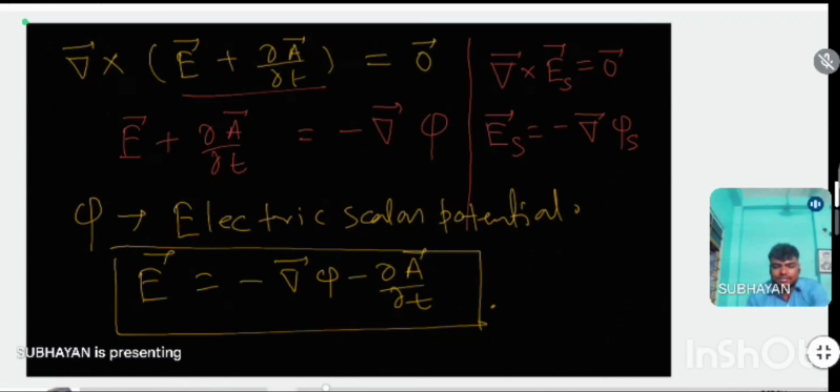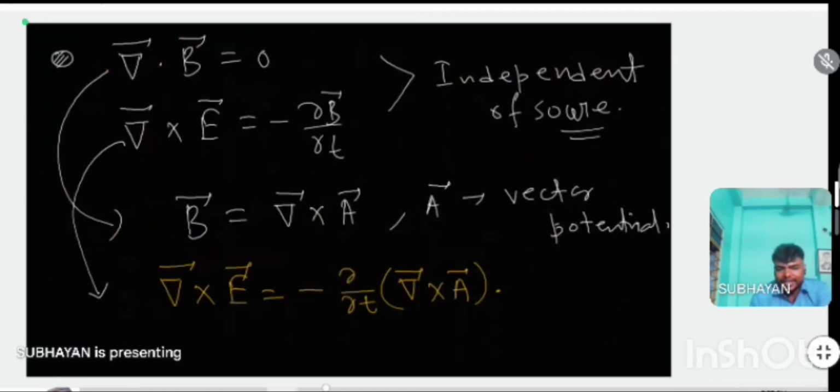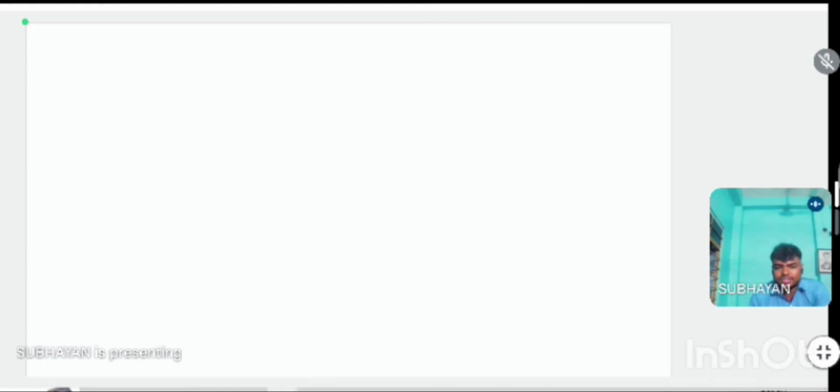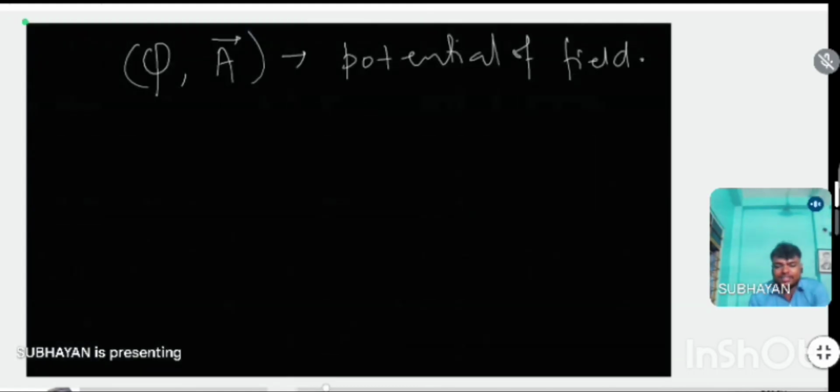And in terms of potentials, you can express the four Maxwell equations in terms of these potentials. But there are some problems in expressing the Maxwell equations in terms of phi and A. There may be some issues, and you have to resolve these issues by further study.